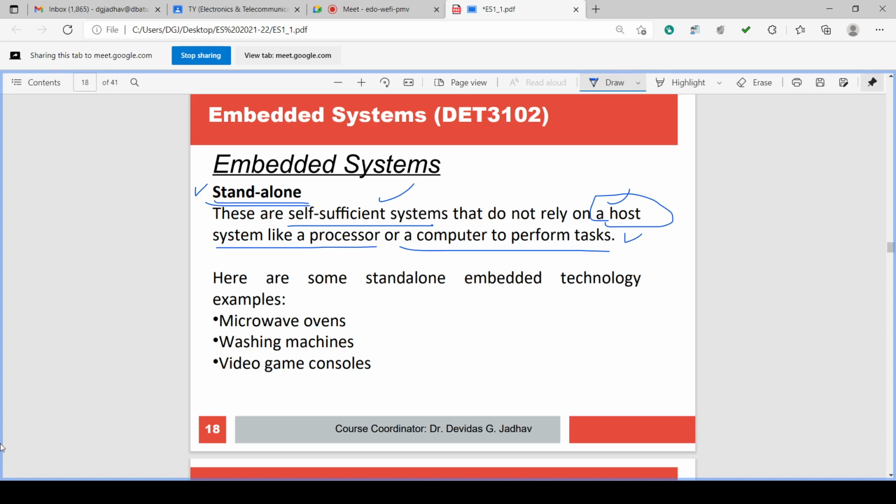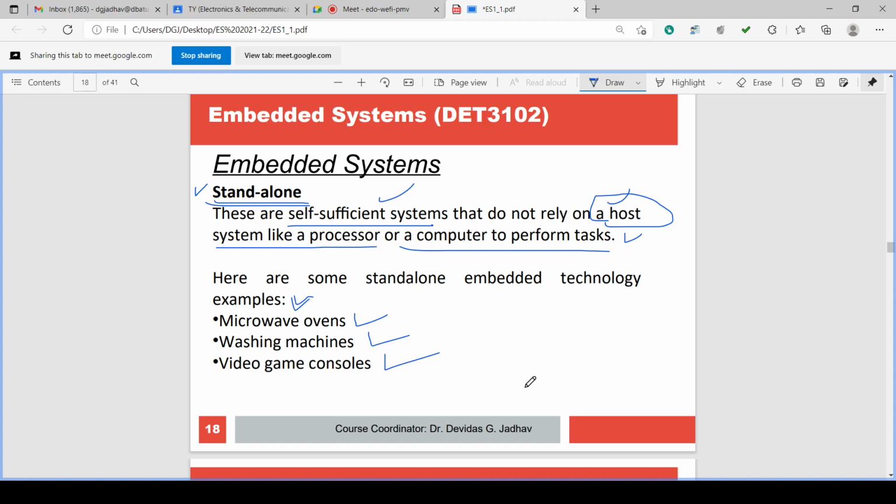So here are some examples of standalone embedded systems. One is the microwave oven, second is washing machines, third is video game consoles. So what are they doing? The microwave oven has functions of timers, temperature control, power supply to the coils, to the fans, exhaust fans, suction fans, heating coils, and some timer activities.